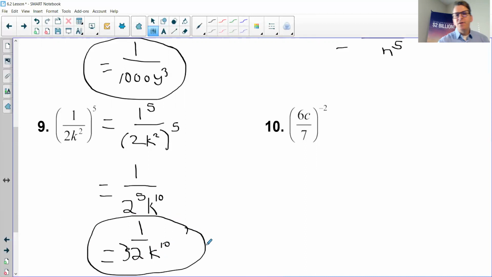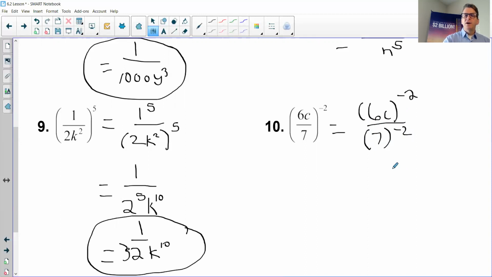And the last on your own, number 10, 6c divided by 7, all of it raised to the negative 2 power. Okay, so this is like 6c to the negative 2 divided by 7 to the negative 2. All right, so let's take care of the negative exponents first. So this is fairly easy. You saw it in the previous examples. Basically, they switch positions using the negative exponent.